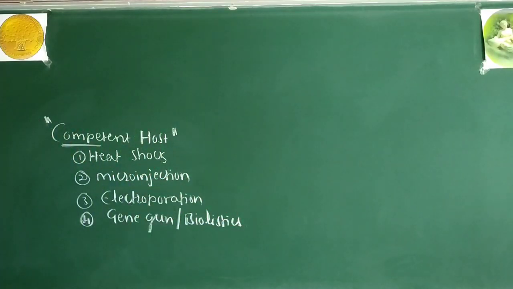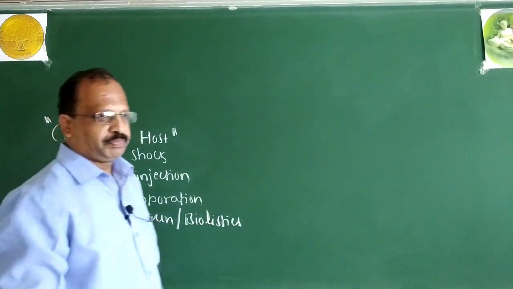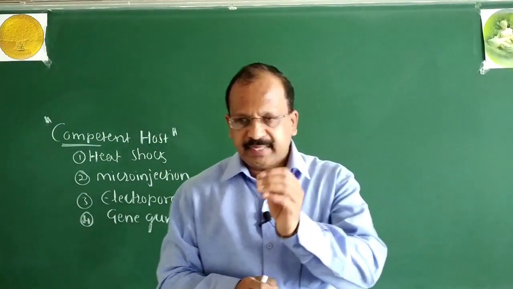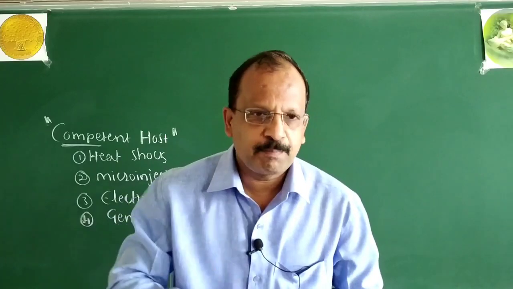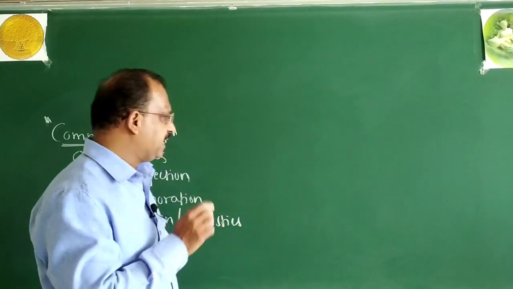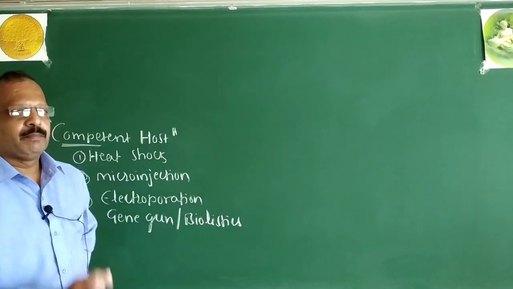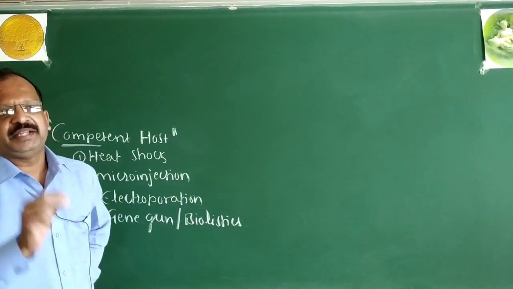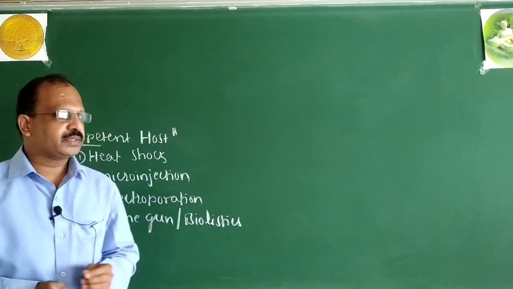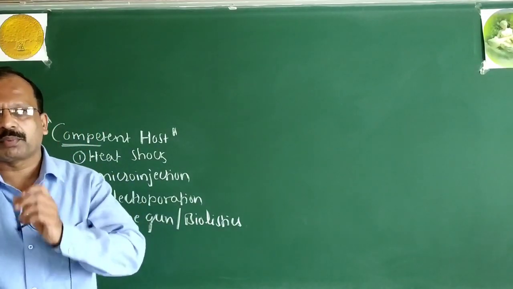Now look over, dear students, competent host. DNA cannot easily pass through the cell membrane because of its hydrophilic nature. You have come across this word in PUC first year chapter transport in plants.